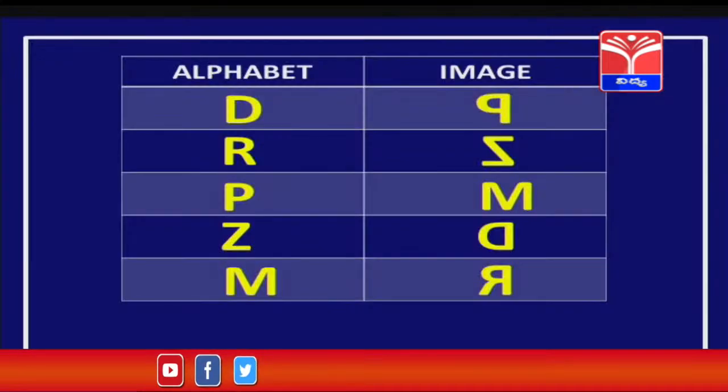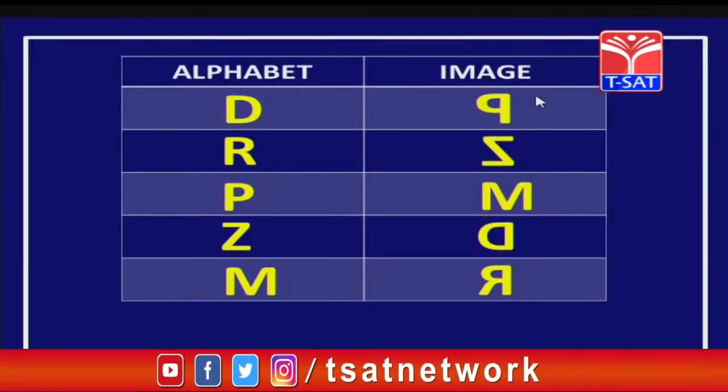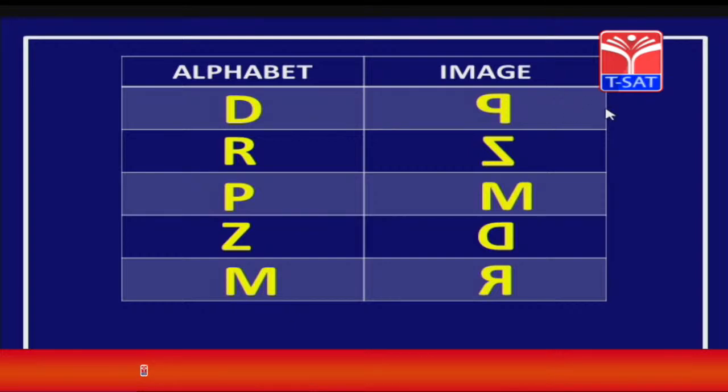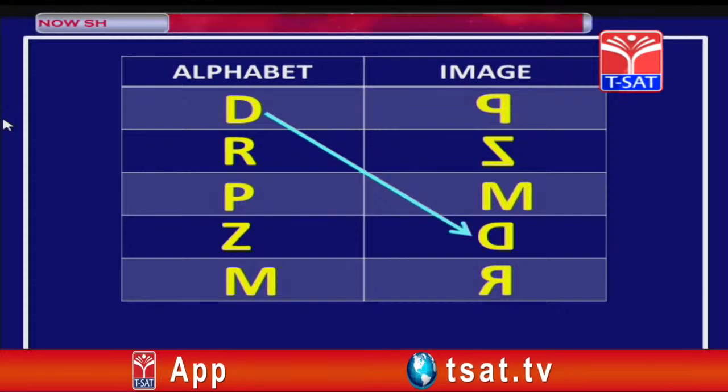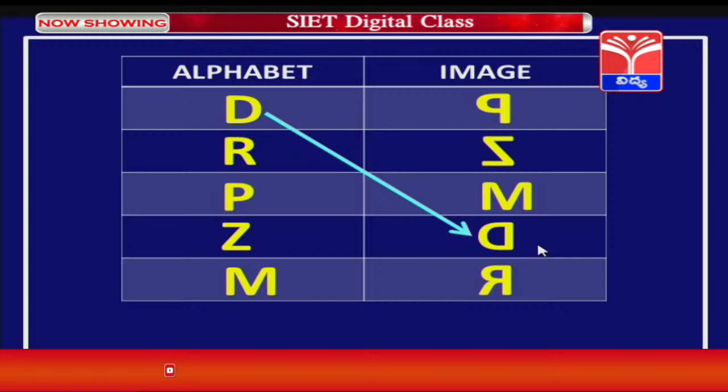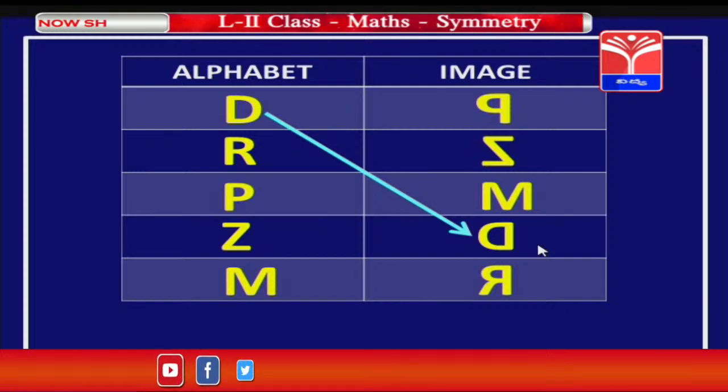Now I want you to complete this small activity which I am going to show you now. Here are the alphabets and the mirror images. Now children, can you match them properly? Let us see the first one, D. That's right children. So the mirror image of D looks this way. Now what about R children?